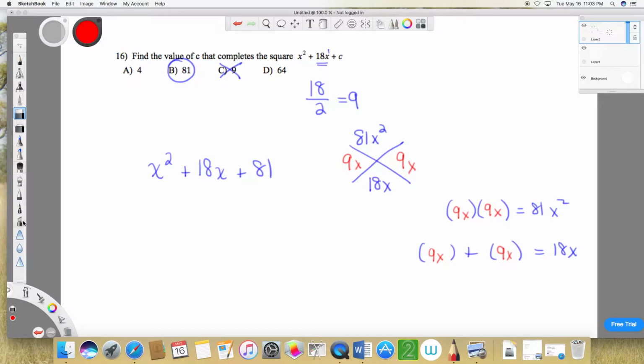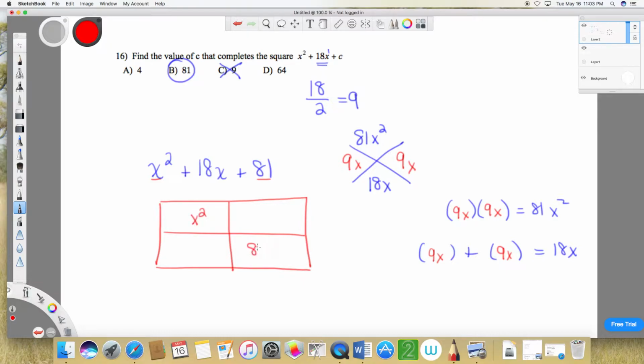Now, the next thing that we would do in the x method is create a table. Along one diagonal, I take the first term and the last term, x squared and 81. And along the other diagonal, the information that we found in our x, 9x and 9x.